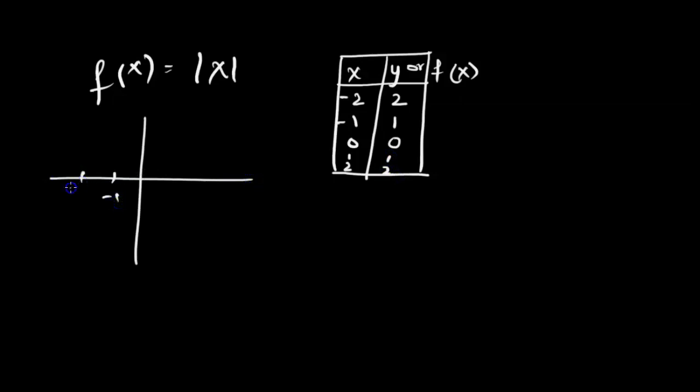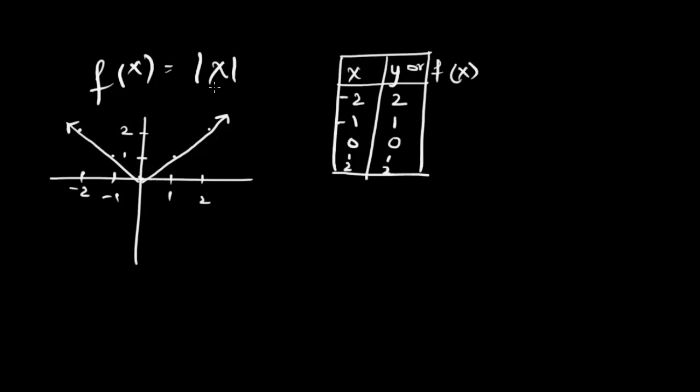So when x is -2, y is 2; x is -1, y is 1; x is 0, y is 0; x is 1, y is 1; x is 2, y is still 2. When we connect these dots, we get straight lines like these, and this is how a graph of an absolute function looks.